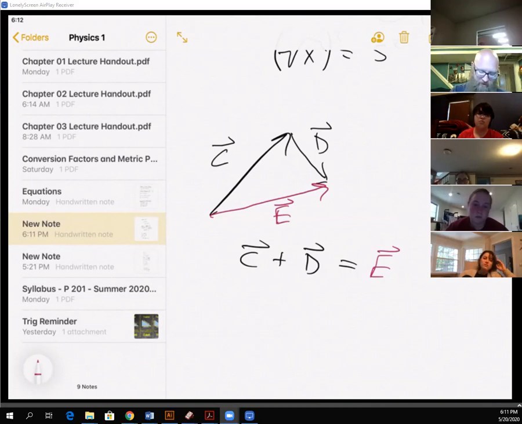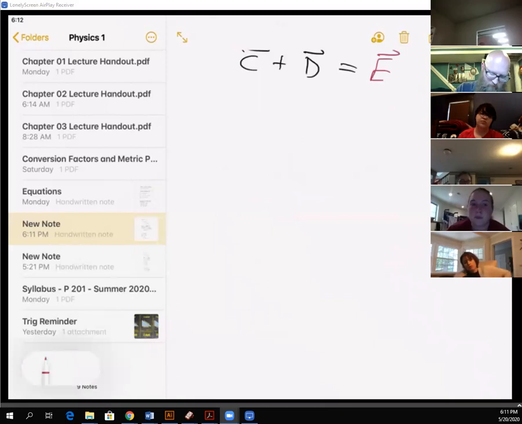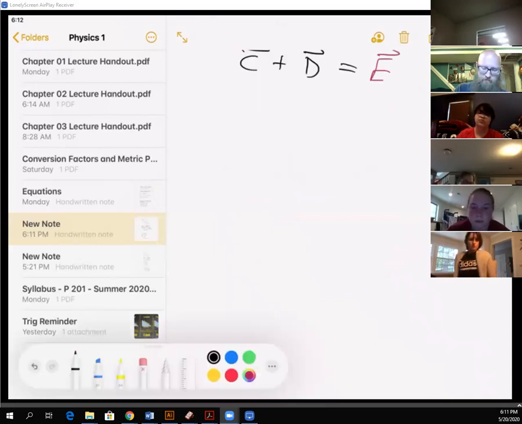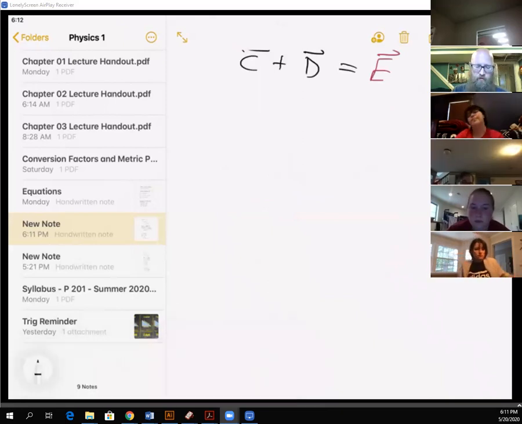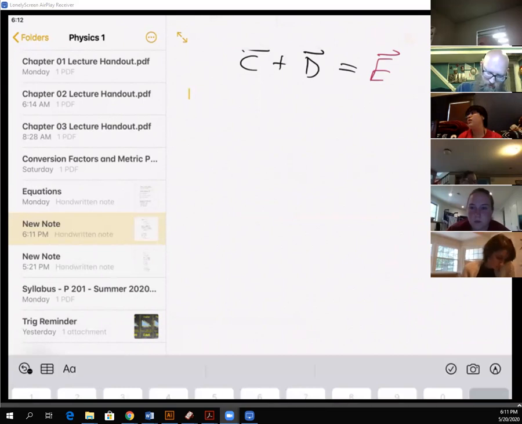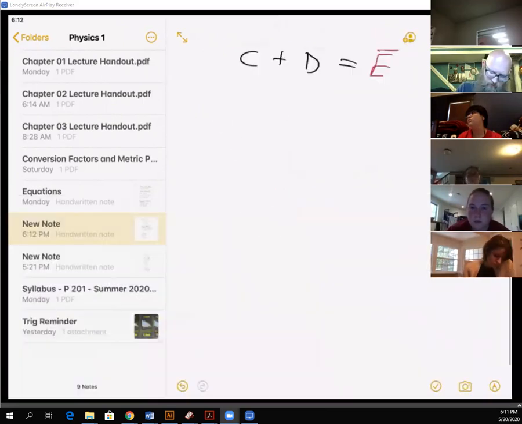But the other way we can add these is we can break C and D into components. Any vector can be represented as bits that point along any axes. Let's say I've got a vector that looks like this.